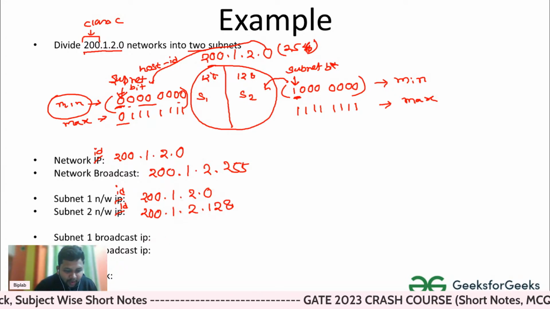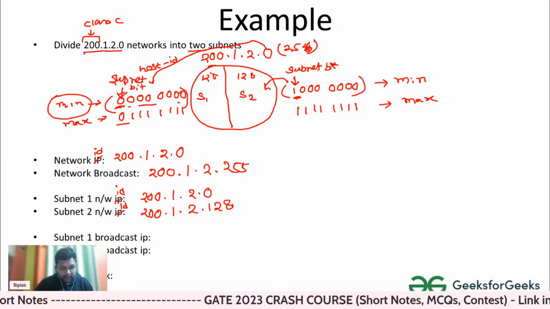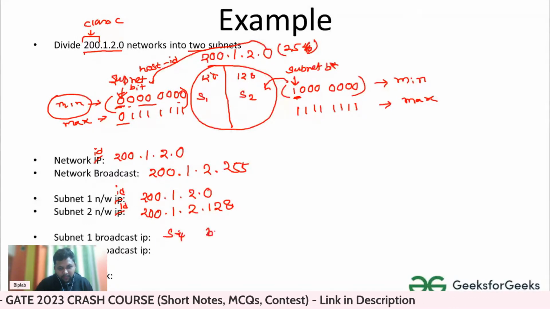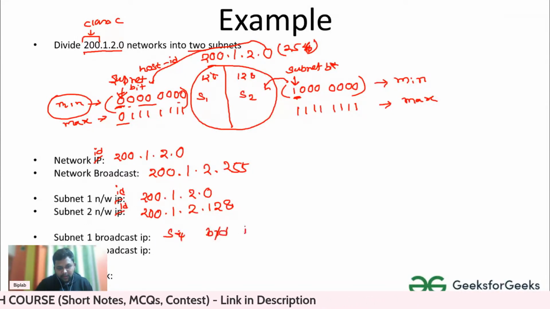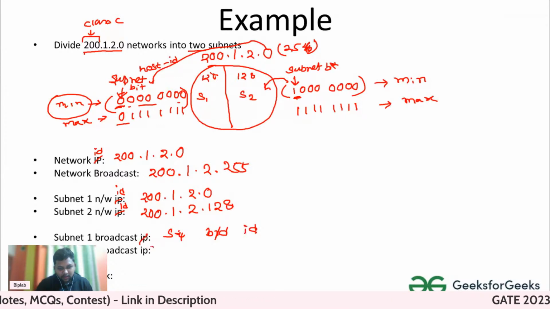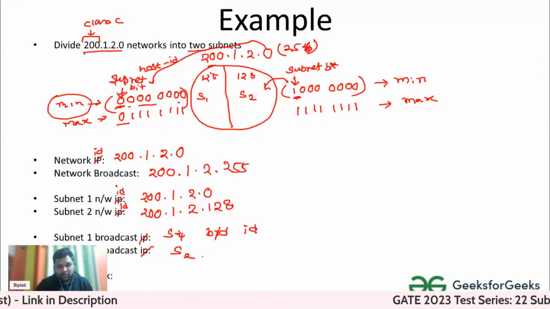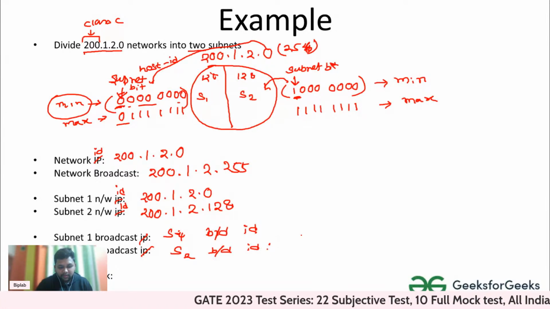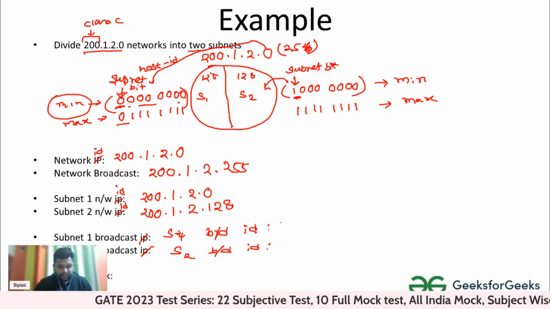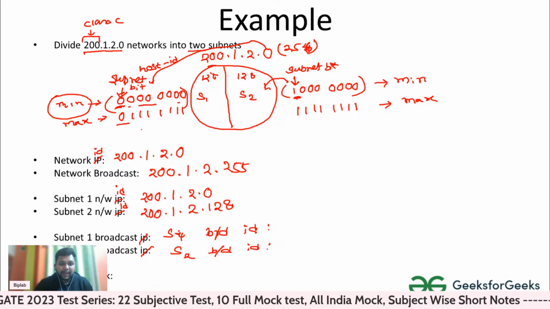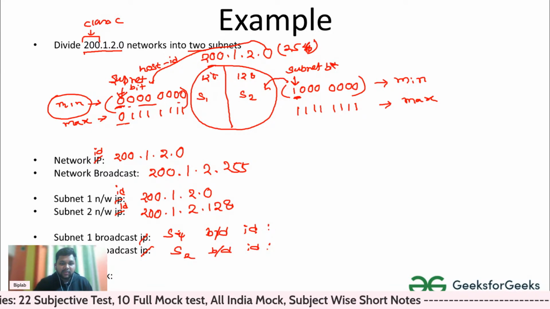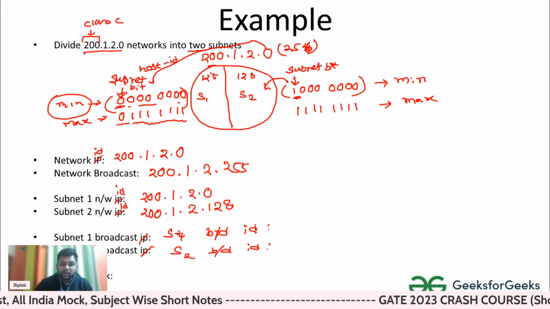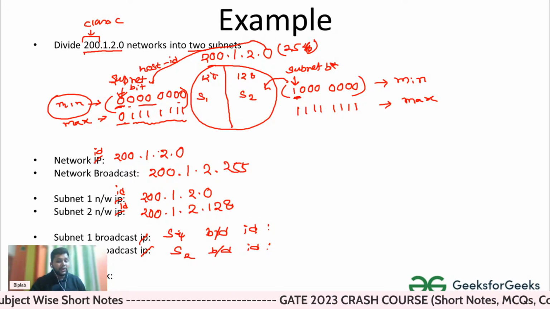Now this is subnet 1 broadcast ID and this is subnet 2 broadcast ID. What will that be? That will be the maximum one. For subnet 1, all the bits will be 1 but not the first bit, so it will not be 255.